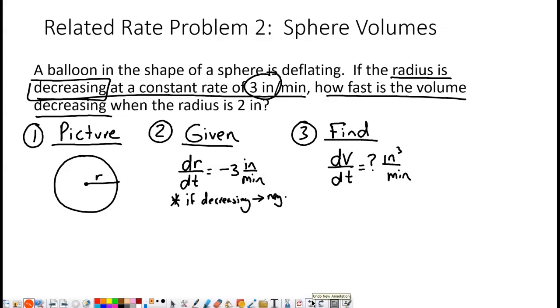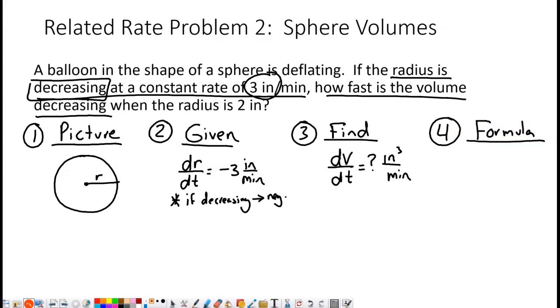Let's move on to step 4. Now I want to find a formula that relates the 2 variables that I care about. I care about the radius and I care about the volume. So I'm looking for a formula about spheres that relates volume and radius. And our little worksheet has just such a formula.